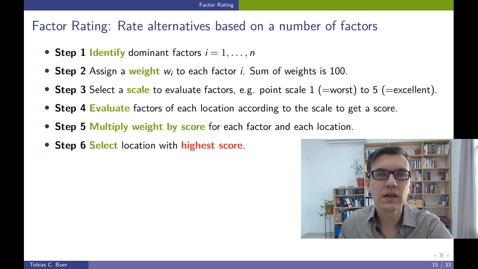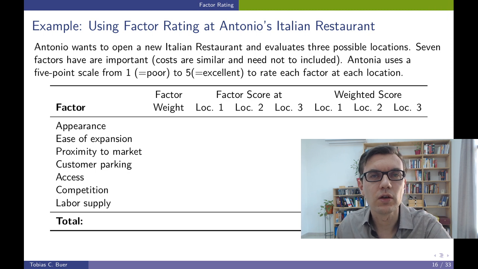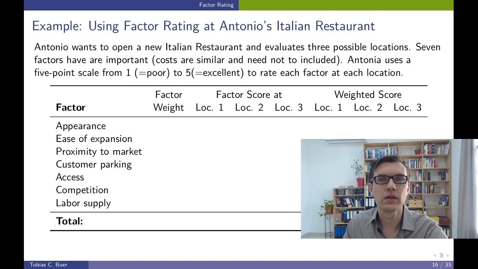Okay, let's have a look at an example. Let's have a look at Antonio's restaurant. Antonio wants to open a new Italian restaurant, and he already identified the 7 most important factors for this new restaurant, in his opinion.